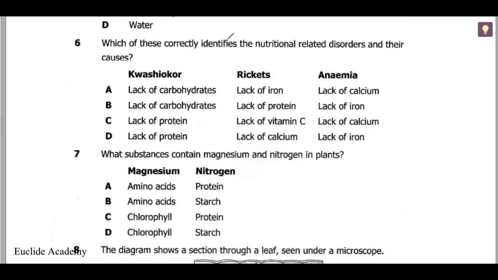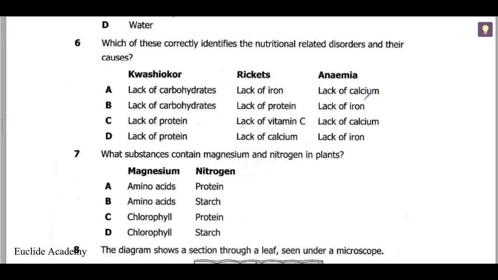Which of these correctly identifies the nutritional related disorder and their causes? Kwashiorkor, rickets, and anemia, then you have the options here. What causes kwashiorkor? If you don't know, jump to rickets. If you don't know, jump to anemia, and see what you know, and what's not clicking, eliminate it.